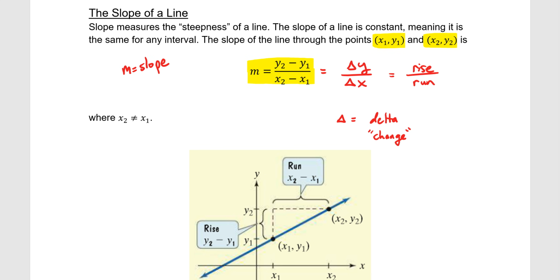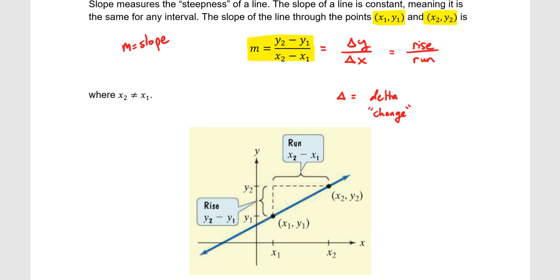So a couple things that we might see later on is the notation here. Using delta, that's delta y over delta x. Delta means change, so it's the change in the y-coordinates divided by the change in the x-coordinates. And we can call this rise over run. Rise because y is vertical, run meaning horizontal for x.